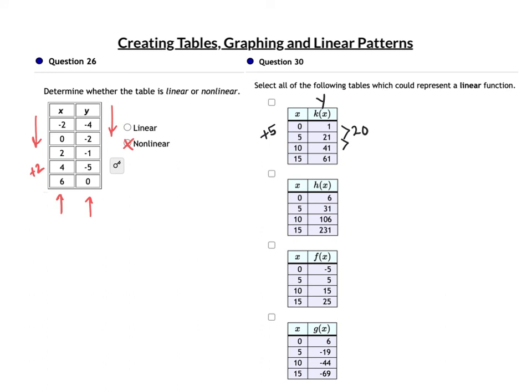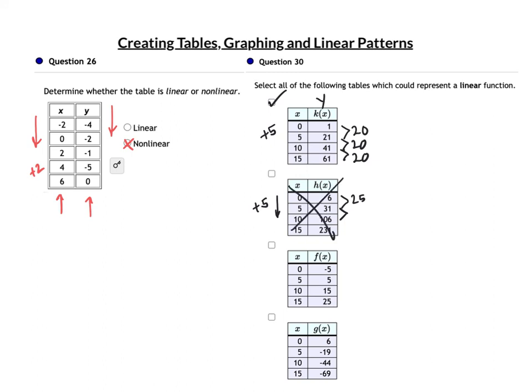And then 20 again, and 20 again. So this one is linear. The second table, x is increasing as we go forward by 5. 6 to 31 is an increase of 25. 31 to 106 is not 25. If this increases by 25, then this one would have to also. So this one is not linear.